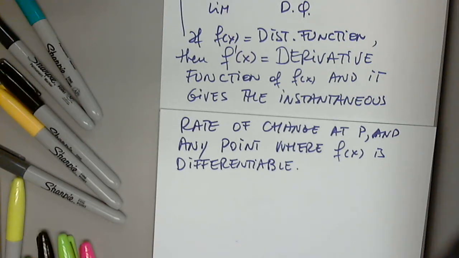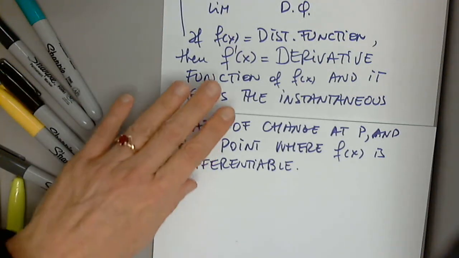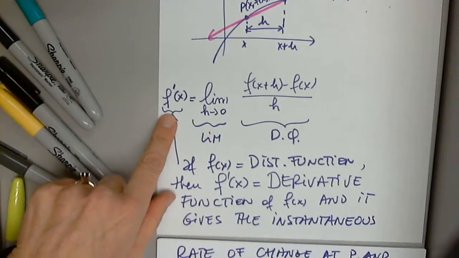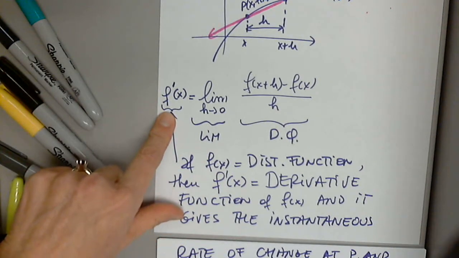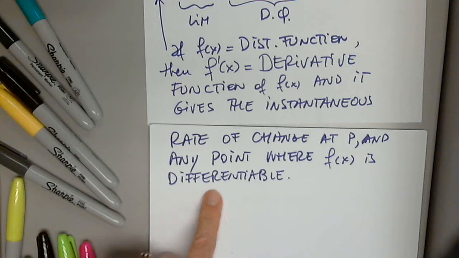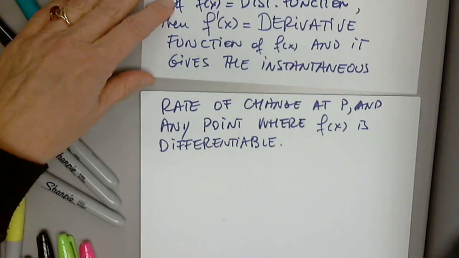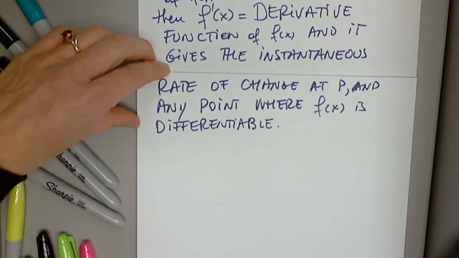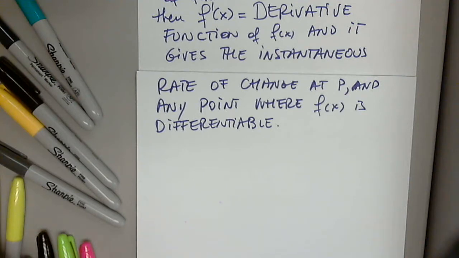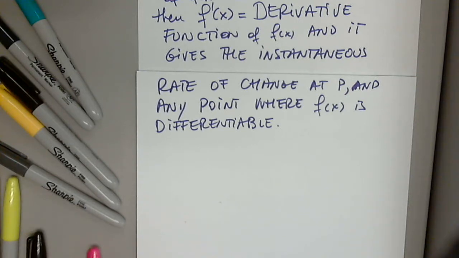So f prime will give the rate of change at any point where there is a rate of change. In other words, where the function is differentiable. Yes? What is the derivative? The instantaneous rate of change of a function at any point where it is differentiable. And I'll explain what differentiable means.